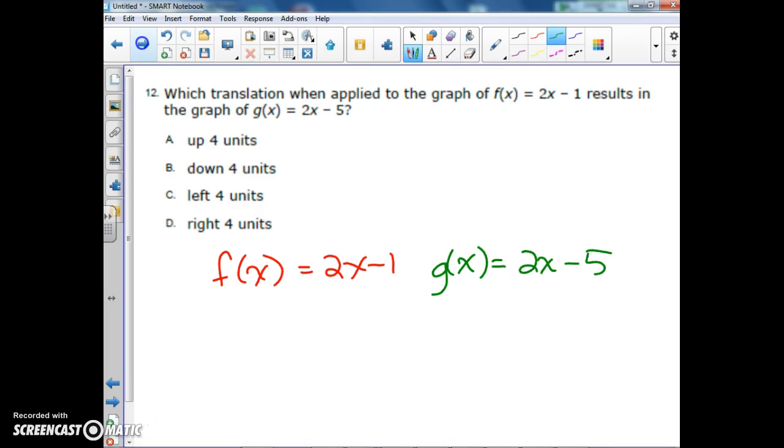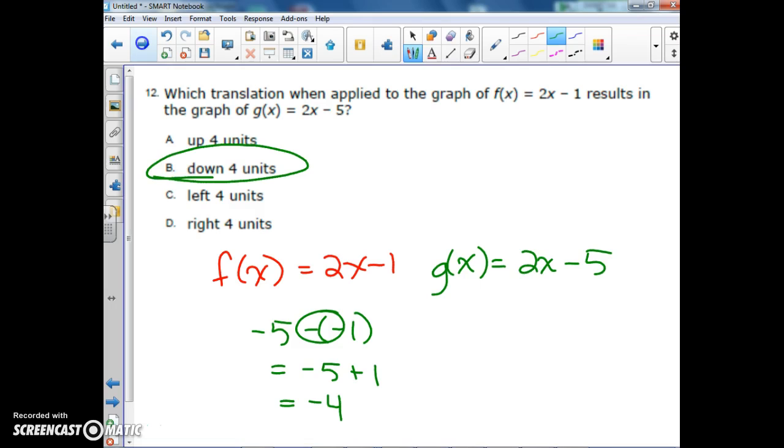Negative 5 minus a negative 1 gives me negative 5 plus 1, because two negatives make a positive, and that will give me negative 4. So the function f of x has been moved down 4 units. Our correct answer would be B.